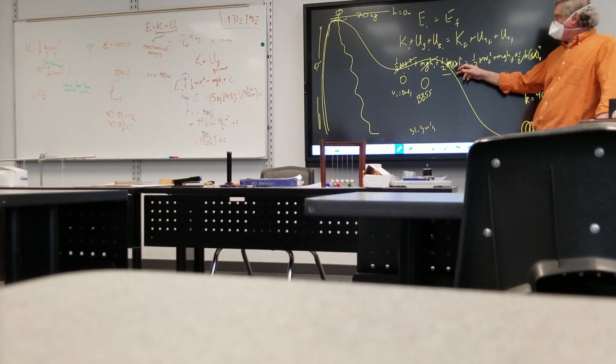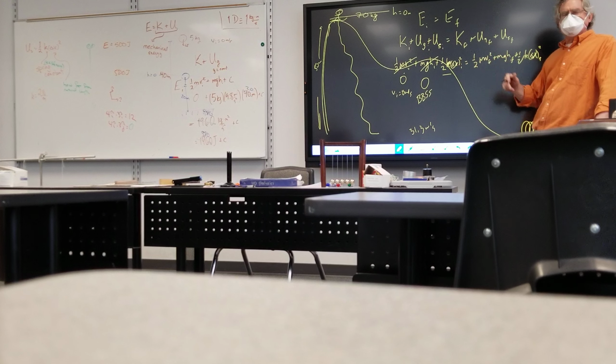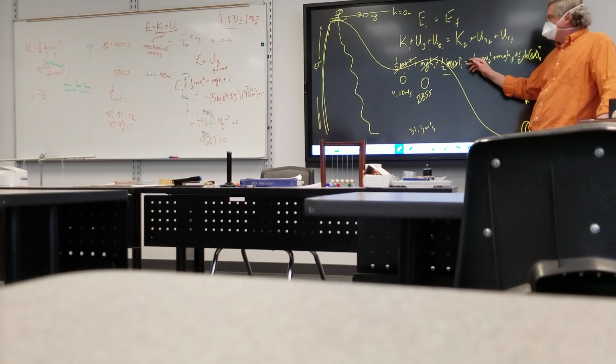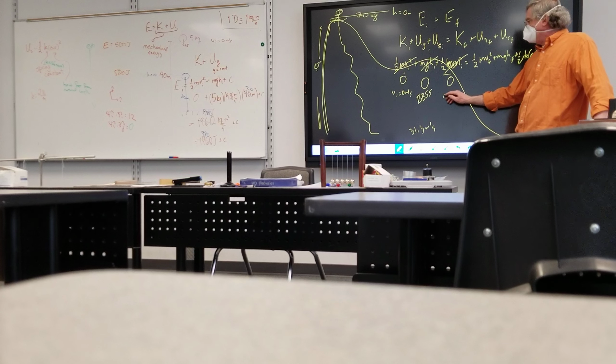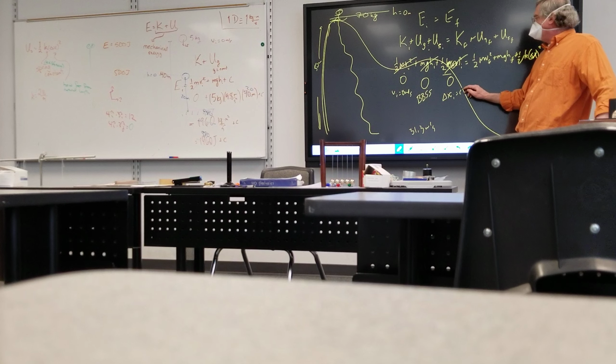So K's not 0, half's not 0. Is the initial stretch or compression of the spring 0 or not 0? The spring's just sitting there. 0, right? It's just an initial condition. Delta x initially is 0.